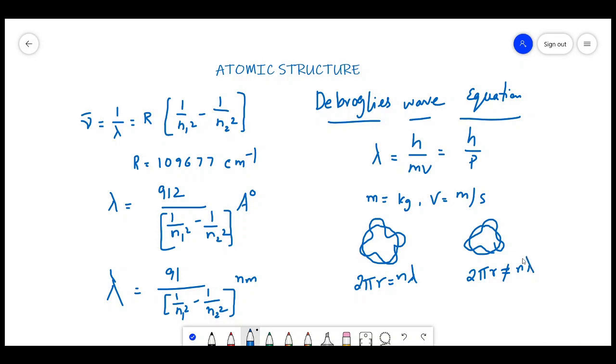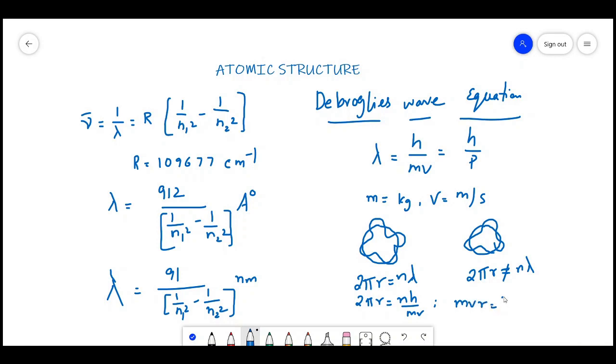And whenever the electron is revolving in the same orbit, here you can substitute this lambda as h by mv. So you can rearrange this formula, and you get 2 pi r is equal to nh by mv. So if you rearrange this, we get mvr is equal to nh by 2.